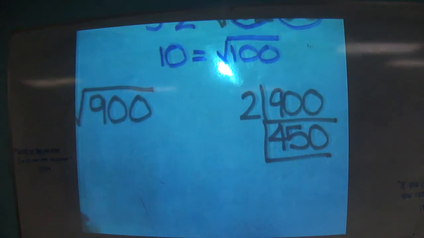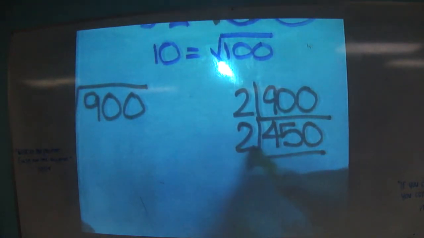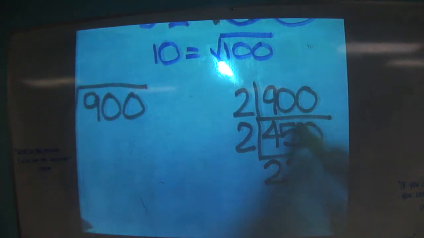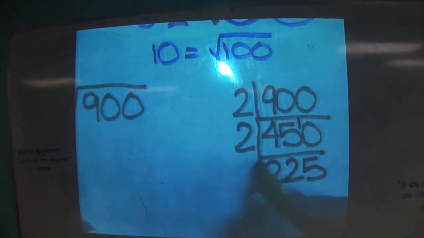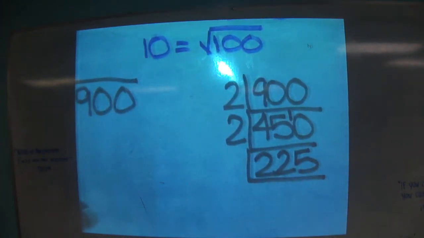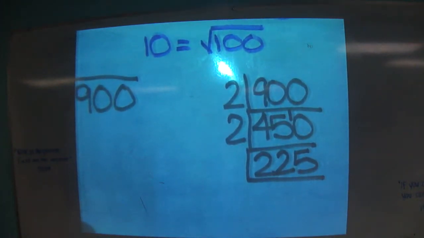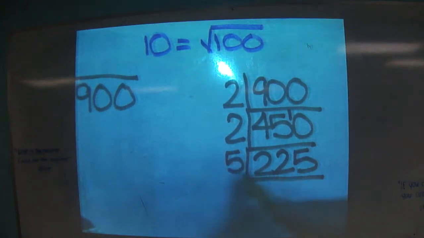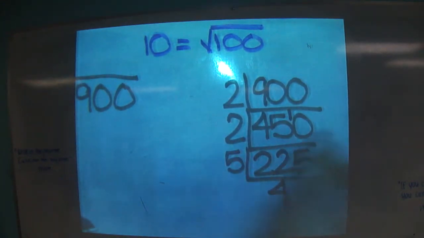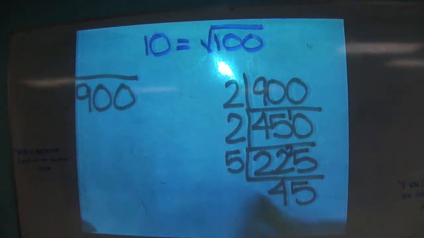Is 450 even? Yes. 2 goes into 4 twice. 2 goes into 5 twice with 1 left over. 2 goes into 10 5 times. What goes into 225? 5. 5 goes into 20 4 times. 2 were left over. 5 goes into 25 5 times.